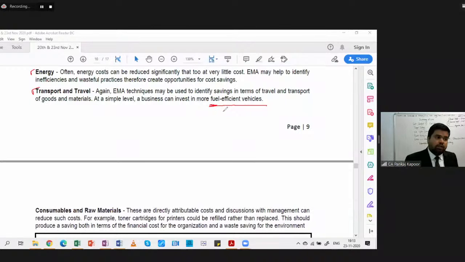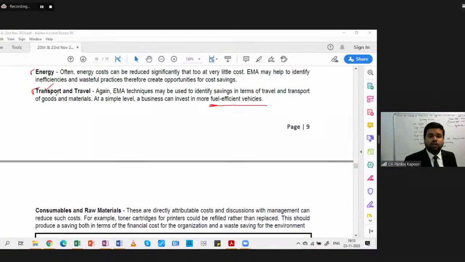Hence, the e-companies find it beneficial, and the person who buys the e-vehicle also finds it beneficial. It reduces your cost of purchase. Apart from that, it also reduces your cost of ownership, because the operating cost of an e-vehicle is much cheaper than the cost of a normal automobile. Okay, so these can be done.